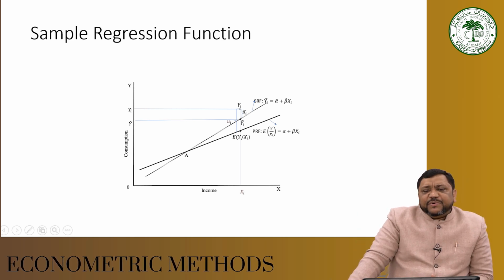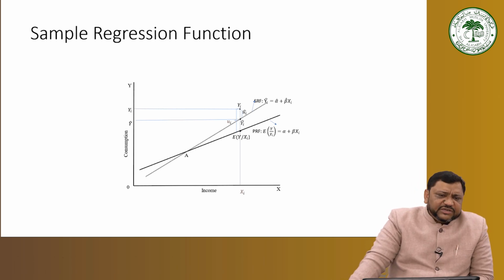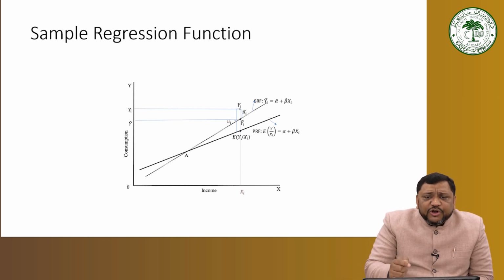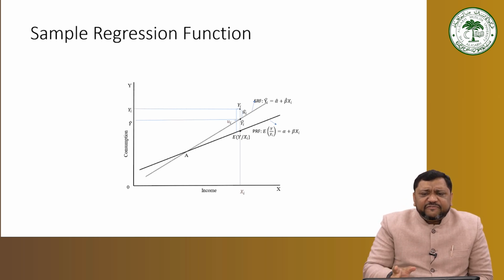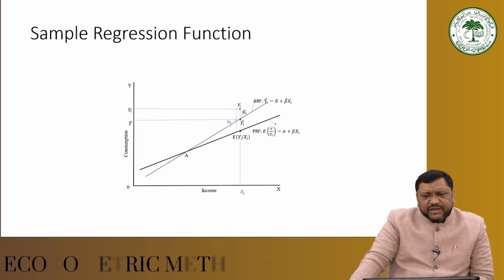So the main purpose here is, assuming that the sample regression function is a true representative of the population regression function, what would be the process which will make the SRF the best representative of the PRF? That is, which will make the sample regression function the closest representation of the population regression function.